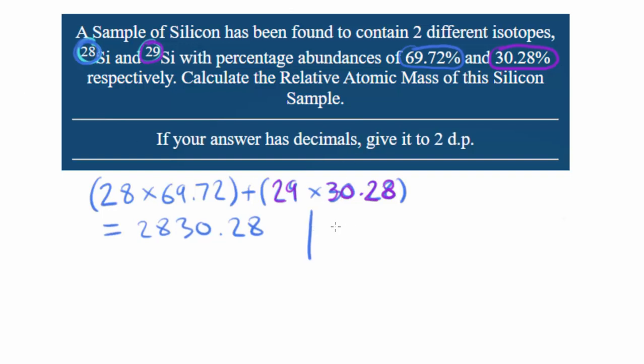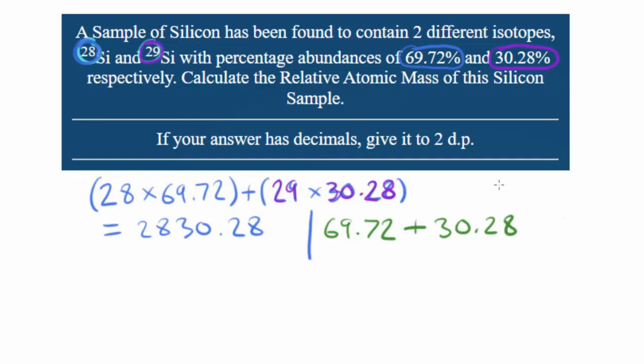So 69.72 plus 30.28. When we get the sum of these two values, that is what we need to divide the 2830.28 by, right?